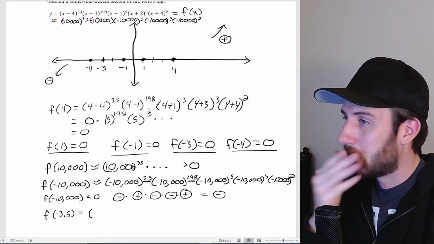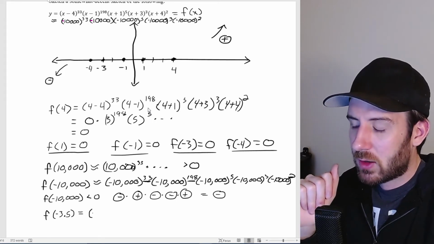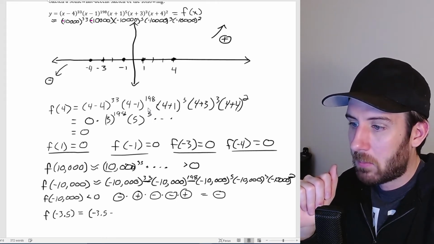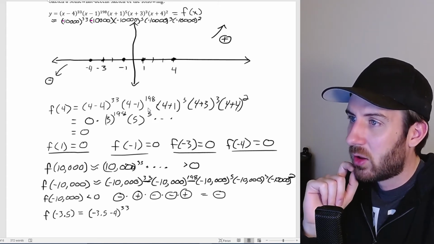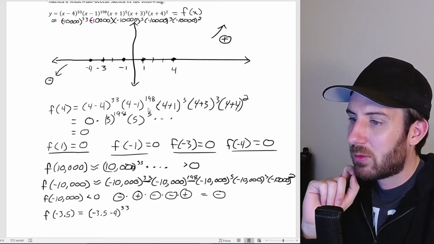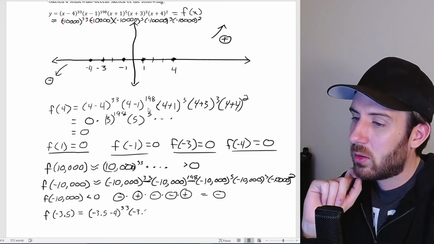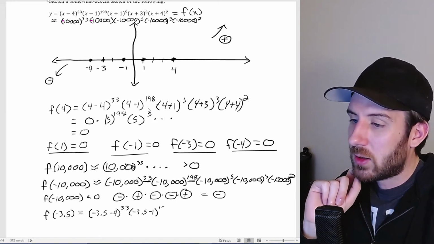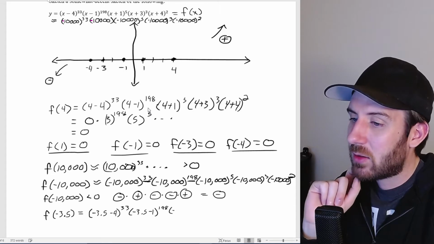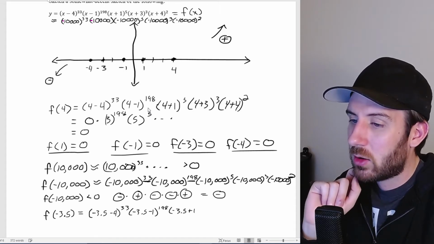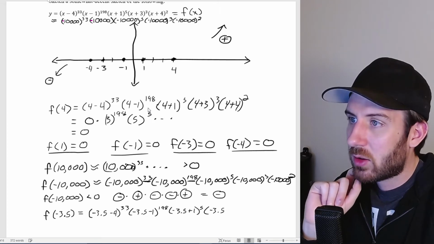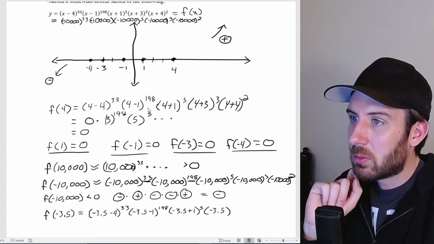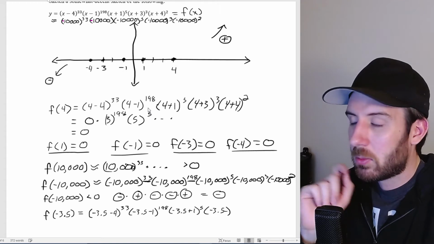This would be, let's see, negative 3.5 minus 4 to the 33rd, and then we have negative 3.5 minus 1 to the 198th, and then negative 3.5 plus 1 to the 5th, and then negative 3.5 times, let's see, instead of plus, we could do plus 3, plus 3.